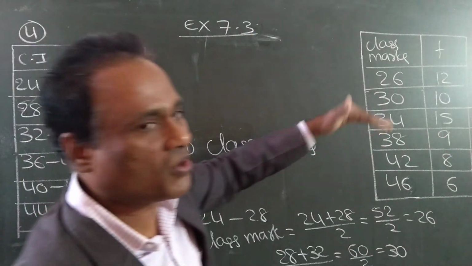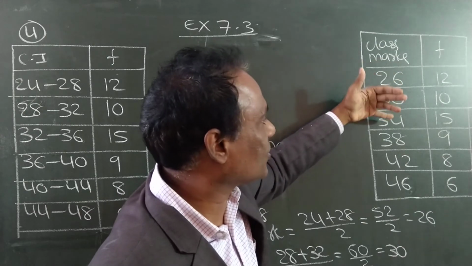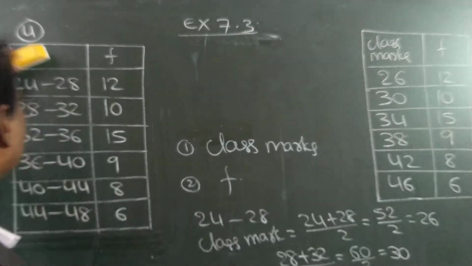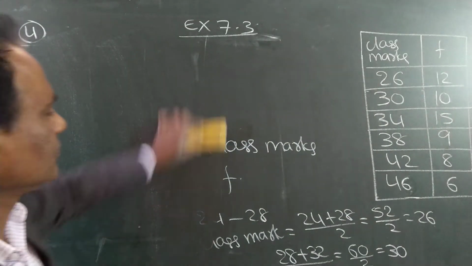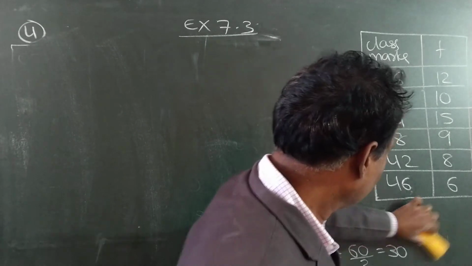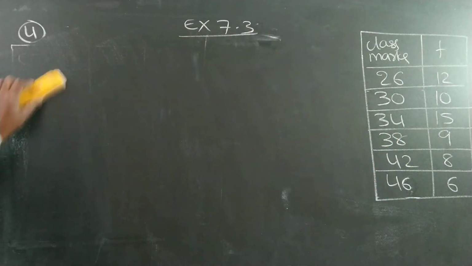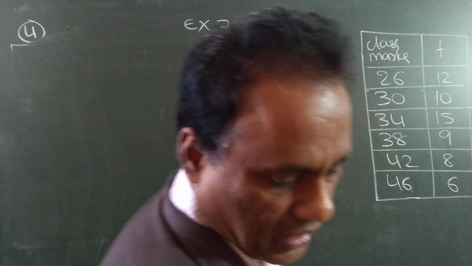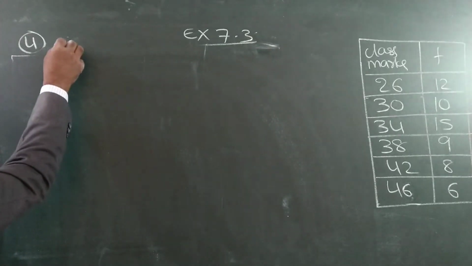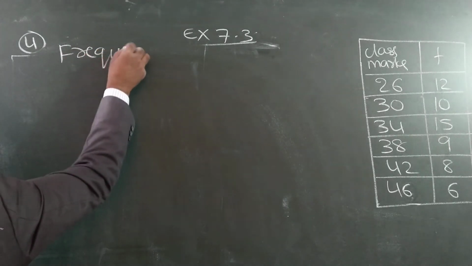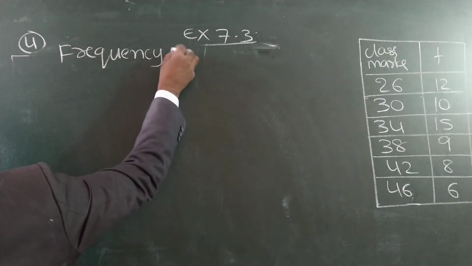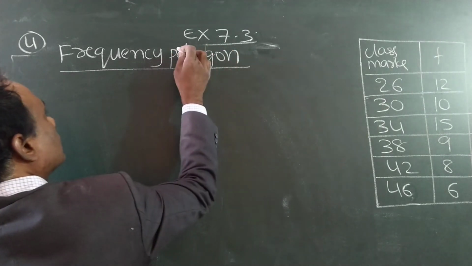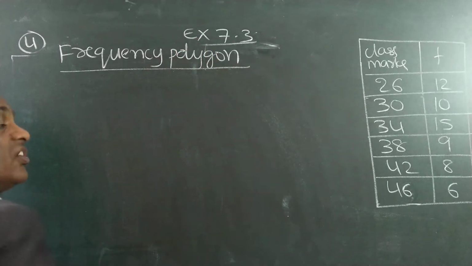If you keep on adding 4, 26 plus 4, 30, 30 plus 4, 34, 34 plus 4, 38, 38 plus 4, 42, like that. Frequency polygon. We have to draw frequency polygon.